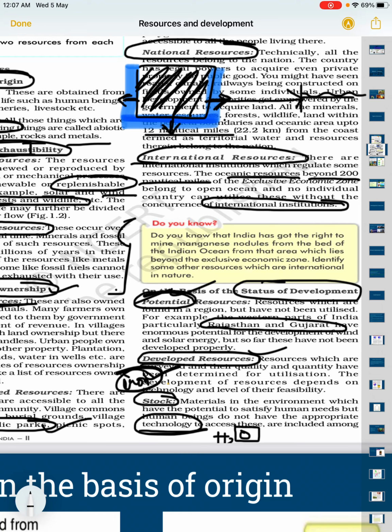A lot of oxygen is required for the patients, but we have so much water on earth, that means we have so much oxygen also, but we do not have the technology to extract this oxygen from water. So what do you understand by stock? It is present in our environment, we know where to use it, but we do not have the technology to access that particular resource.